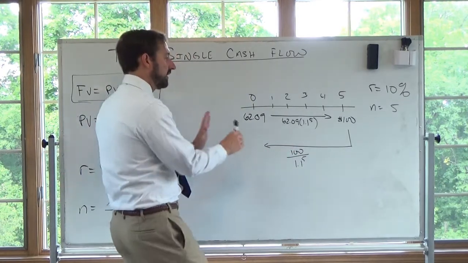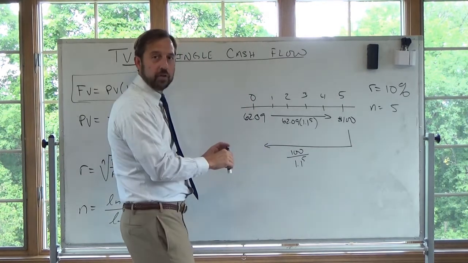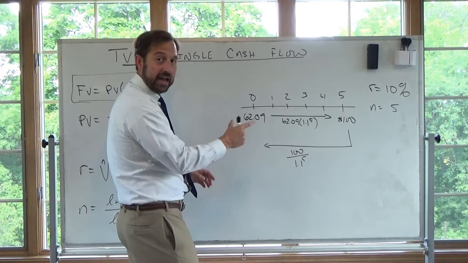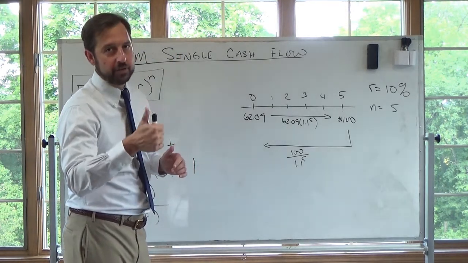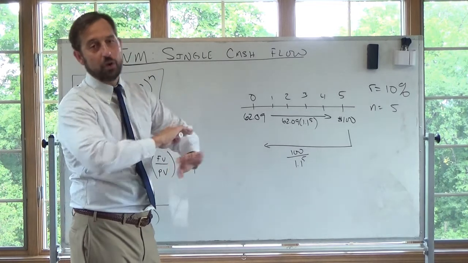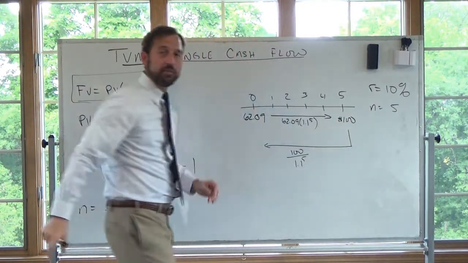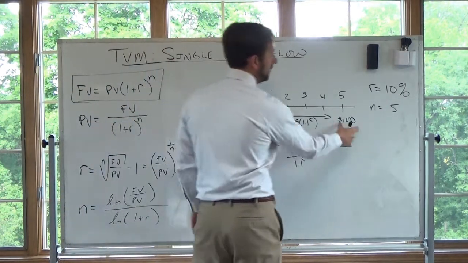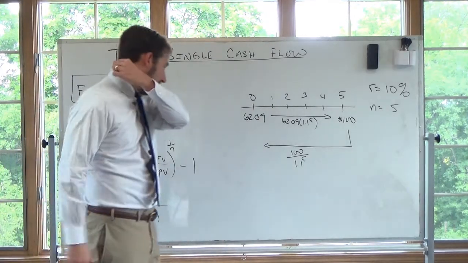So one of the things that you should get from this is you can only sum cash flows that are at the same period. So I can never, in finance, the only time we will is when we use a payback decision rule, and then I'm going to say this is horrible, right? But you never sum cash flows at different points in time. So no calculation in finance am I ever going to go 62.09 plus 100. And that's what the NPR people are doing.